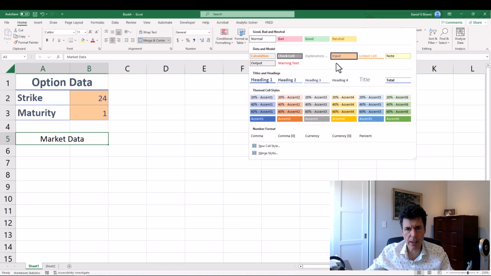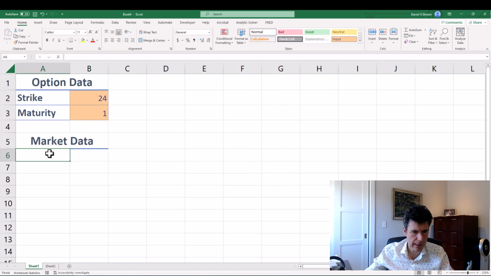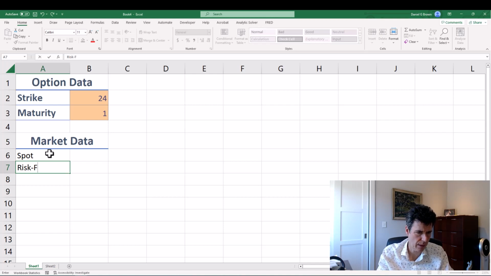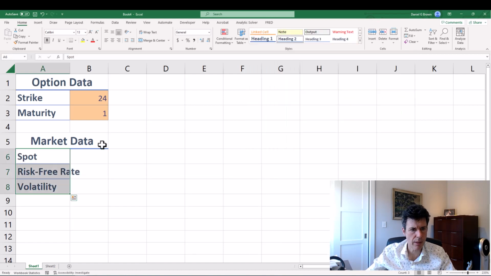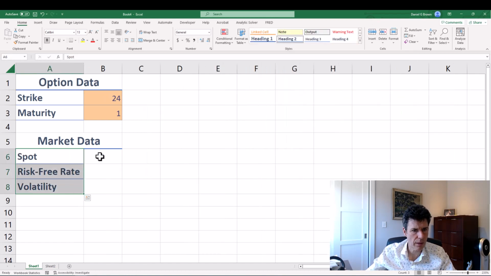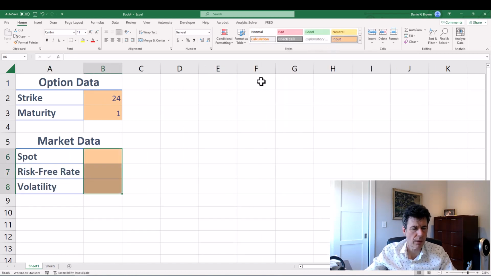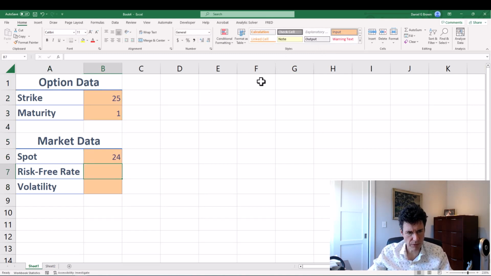Let's set this up. And we've got spot, risk-free rate, volatility. So spot was 24, risk-free rate was 4%, the volatility was 25%.